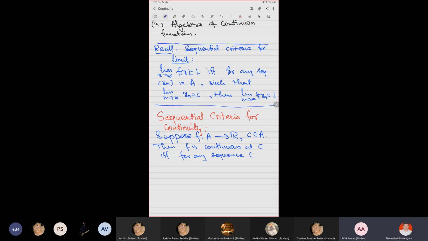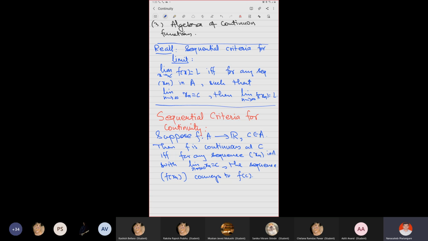For any sequence xn in A with limit of xn equal to c, the sequence f of xn converges to f of c. But here we expect the limit is f of c at c. Right, then the function is continuous.